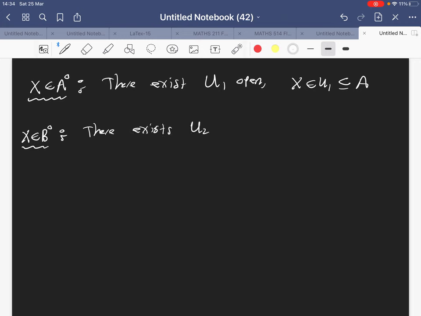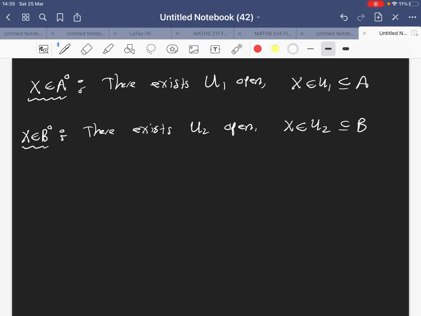There's this U2, again open, where X is in U2 and U2 is a subset of B. Now, I find X in U1, I find X in U2, U1 lives in A, U2 lives in B.